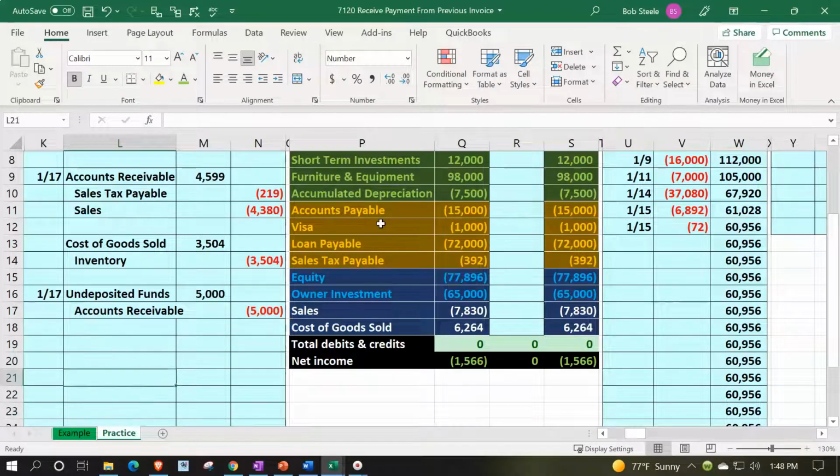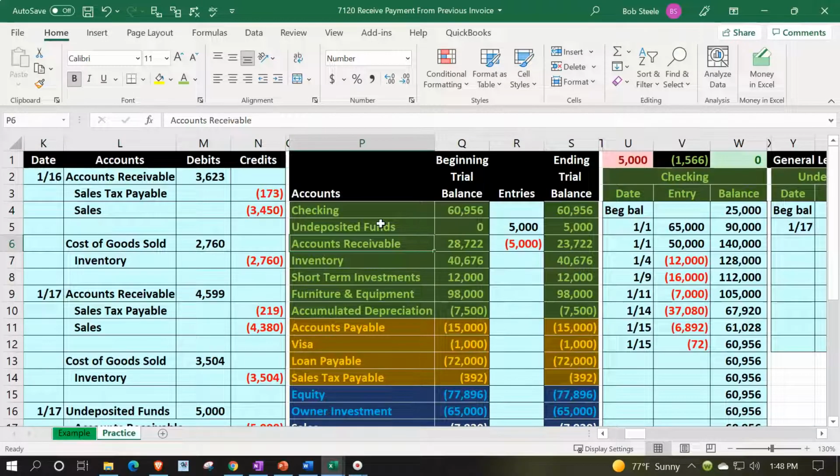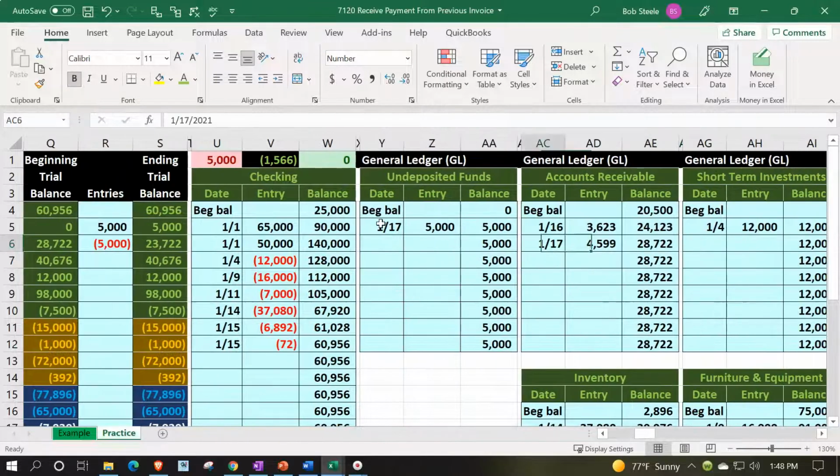And now we'll just post the other side of it, which is to AR, accounts receivable. R, the pirate's favorite account, R, is going to be right here, and then the accounts receivable is over here. So we are in AC7. We're looking 117, I think it was.